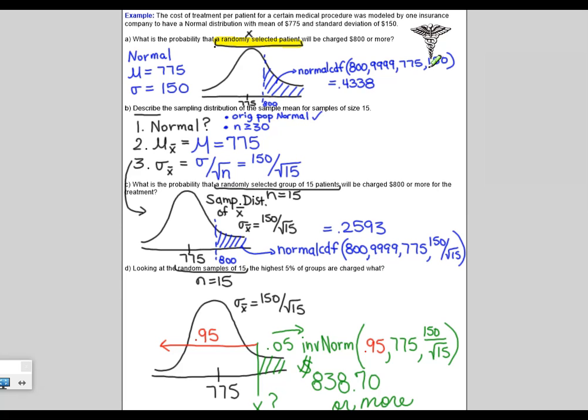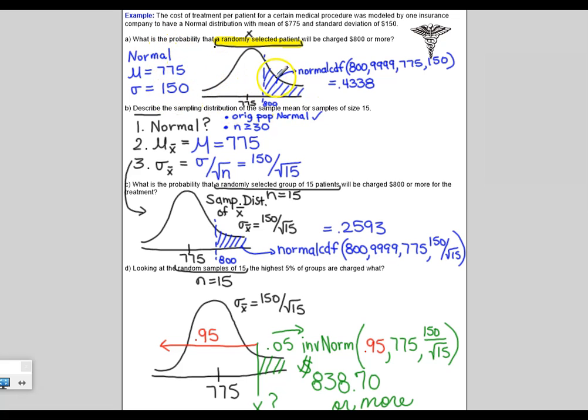Now that is what we did in chapter 7. We looked at the distribution of all the different treatment costs, and we would look at the probability someone would be charged more or less or whatever, right? So for this one, our original population has a mean of 775 and a standard deviation of 150, and it told us it was normal.